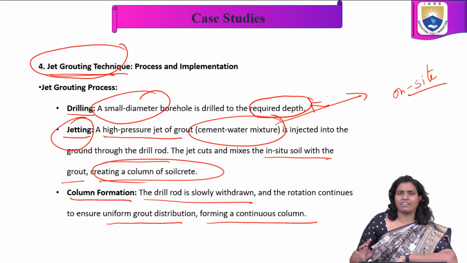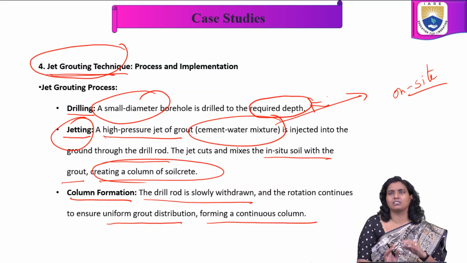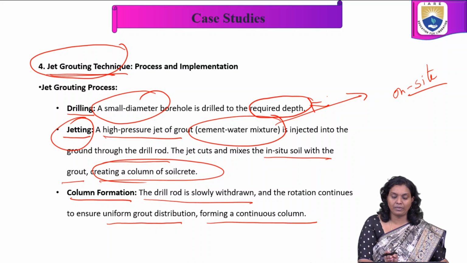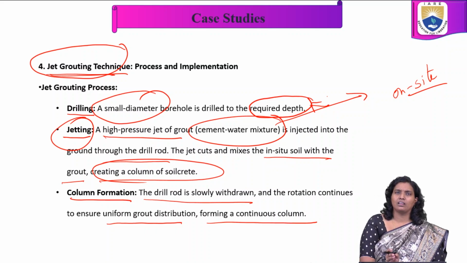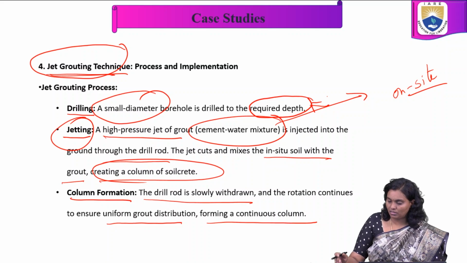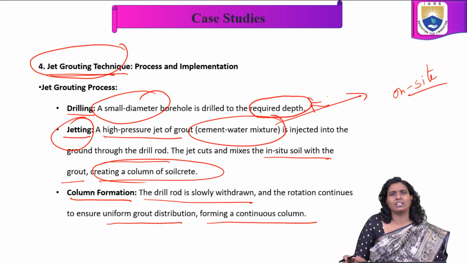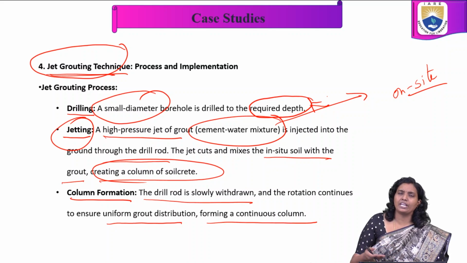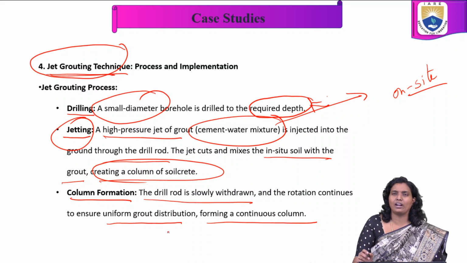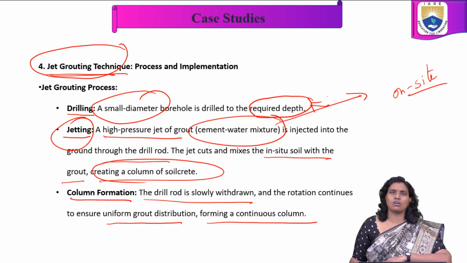First we do the drilling, after that we do the jetting using the required mix, and we create a column of soilcrete. Then we slowly remove the drill, rotating continuously, once we assure uniform grout distribution and a continuous column.